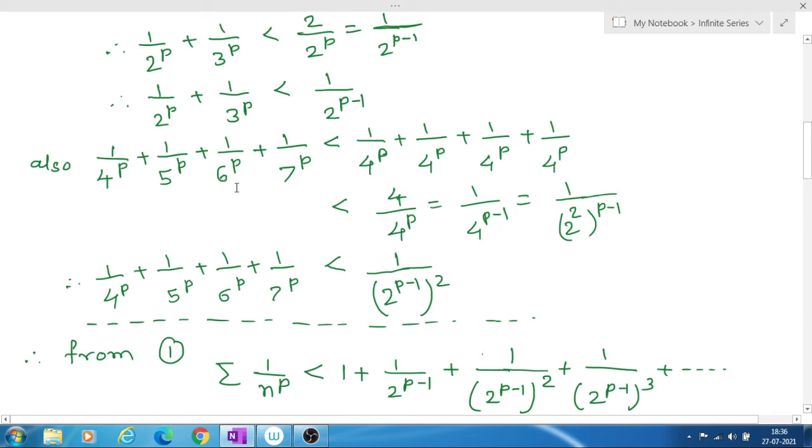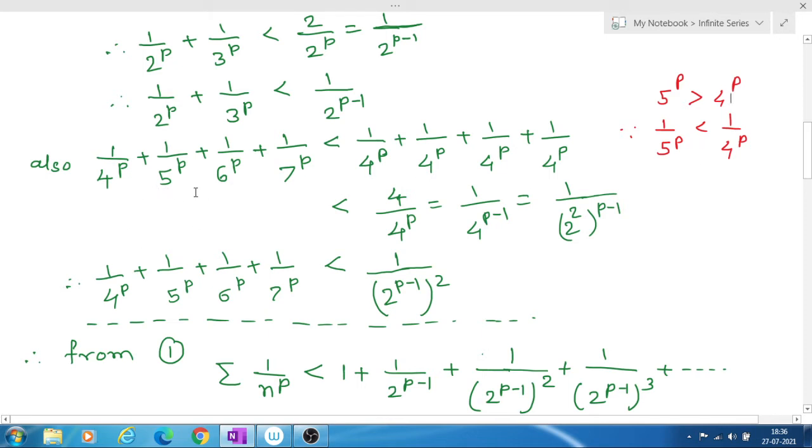Similarly, if we take these 4 terms in the next bracket, and substitute 1 upon 5 raised to p, 1 upon 6 raised to p, 1 upon 7 raised to p by 1 upon 4 raised to p, then this term is less than this term, since 1 upon 5 raised to p is less than 1 upon 4 raised to p, because 5 raised to p is greater than 4 raised to p, and taking inverse we have the less than sign.